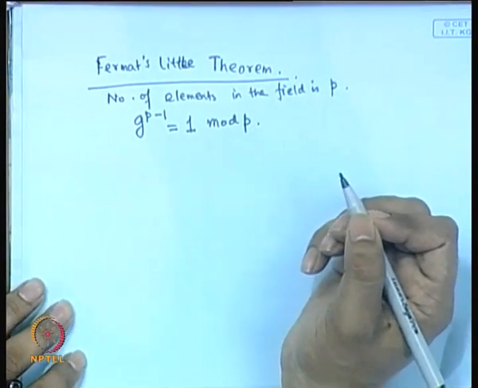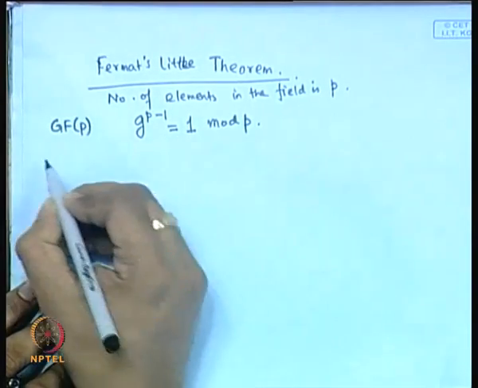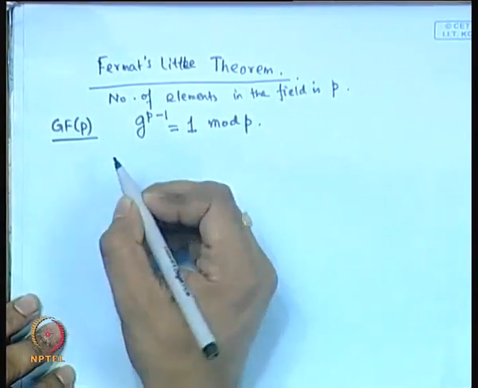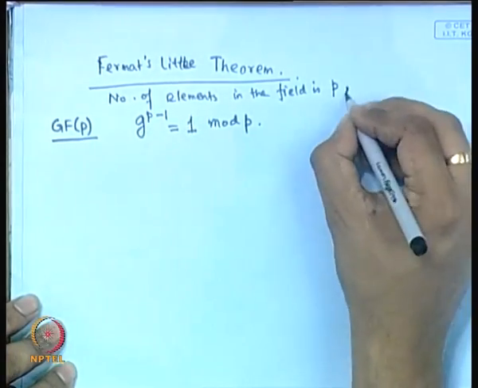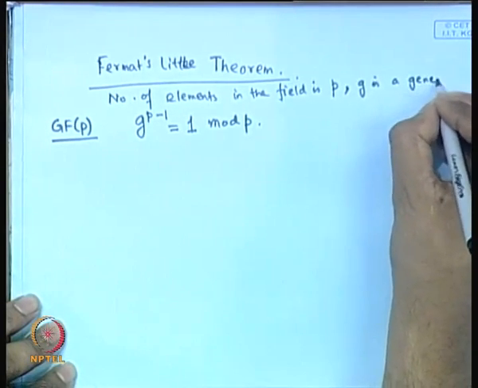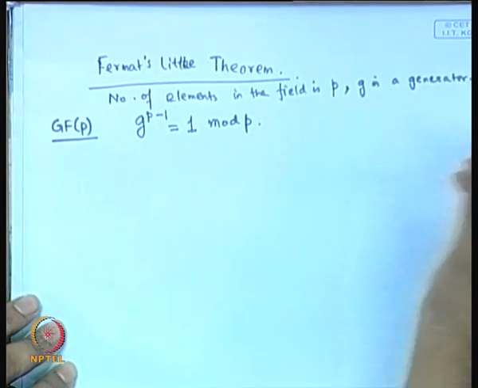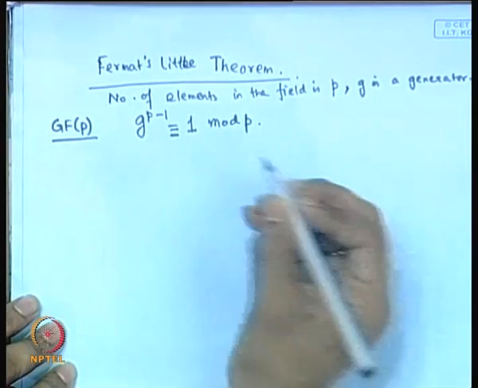So if you consider the field, say GFP, and you take G, which is a generator, so I call G a generator, then G power P minus 1 is equal to 1 when you are doing a modulo P operation.